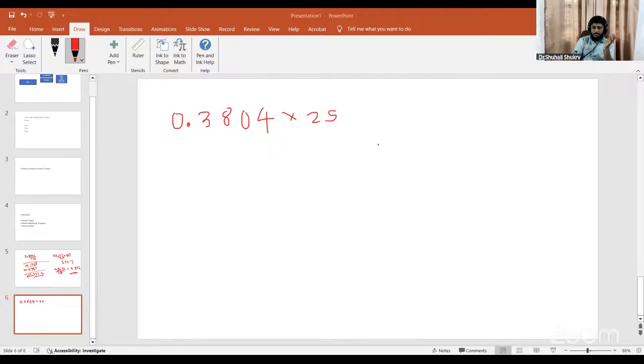Then how to get this answer? 0.38 not 4 multiplied by 25. How to get the answer for this question? Okay, good. Now we'll try to get the answer within seconds. Well, what should you do?